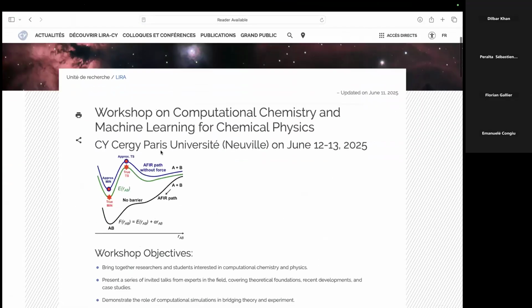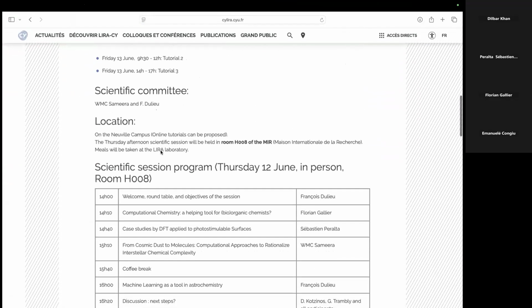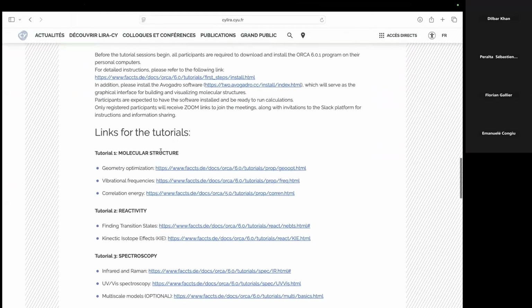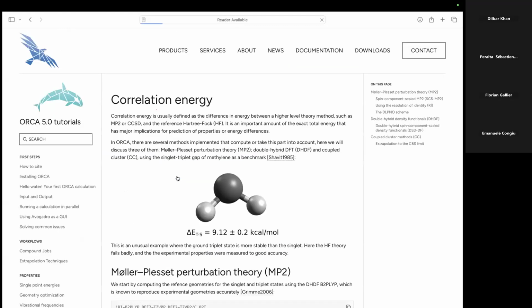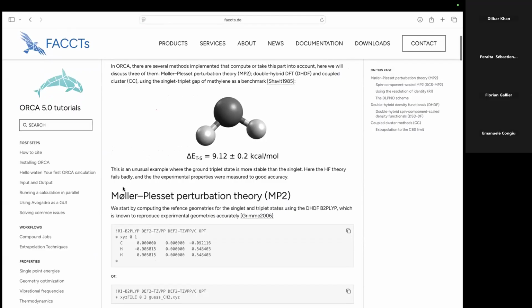You should go to the workshop homepage, and there is the link for the correlation energy. It is the ORCA 5.0 tutorial, but anyway, it doesn't matter.